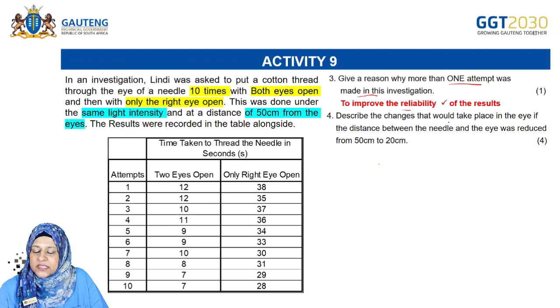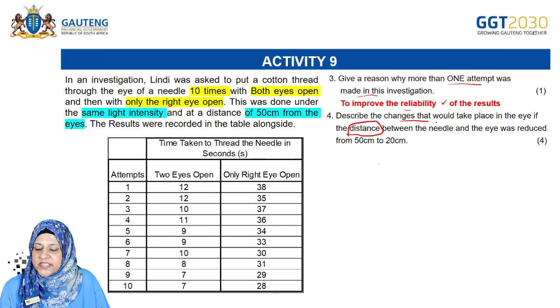Now describe the changes that will take place in the eye if the distance between the needle and the eye was reduced. Now we are coming to the functioning of the eye. The fact that we are looking at the distance, D for distance, what process are you going to talk about here? D for distance, what changes would take place if the distance between the eye and the needle was reduced?